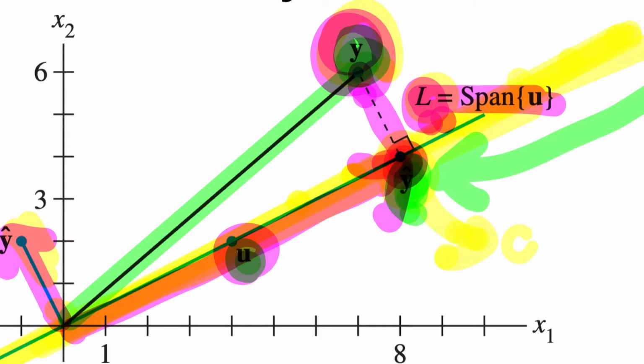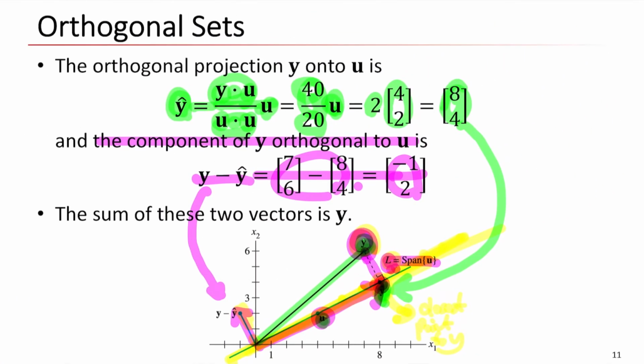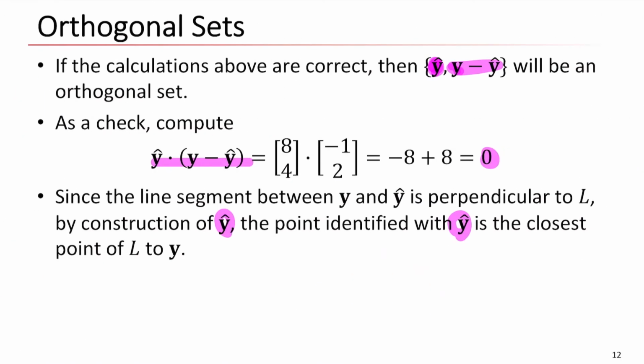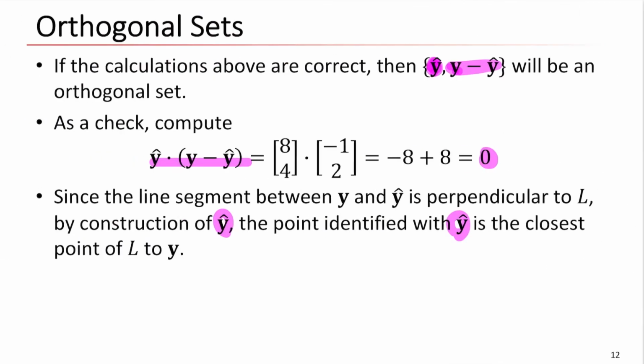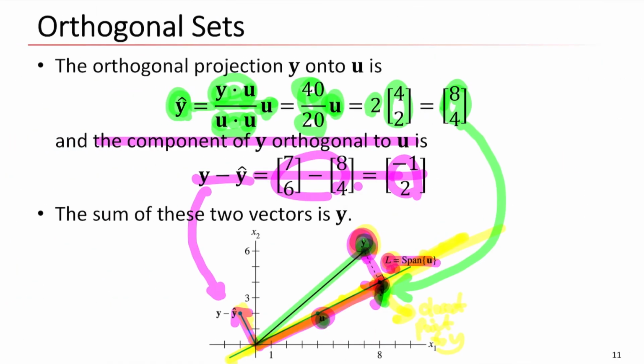So this point is the closest point to Y, right? Okay, so this is the concept of the projection between two vectors, right?